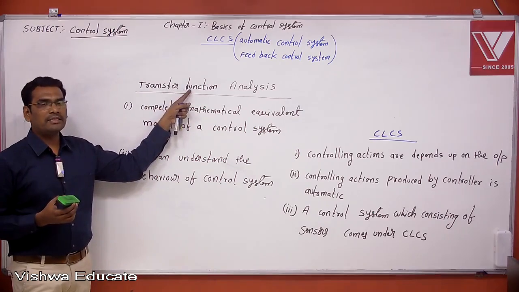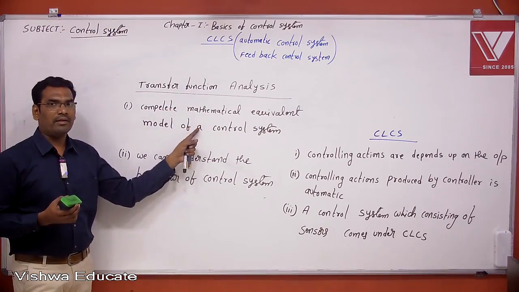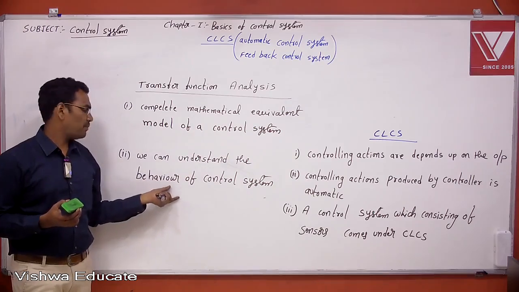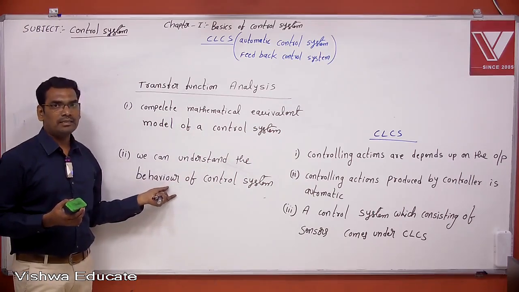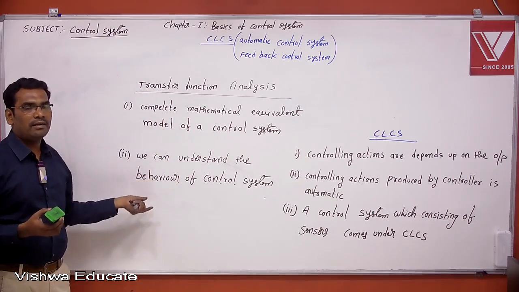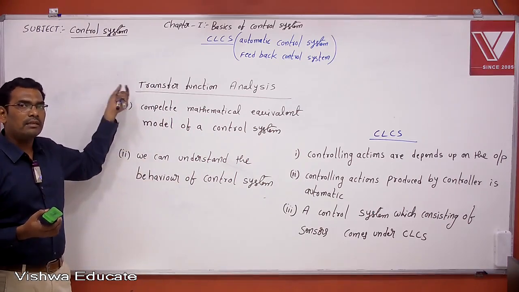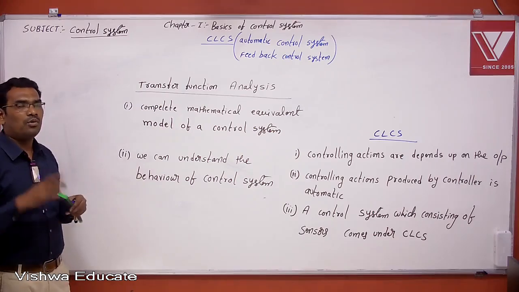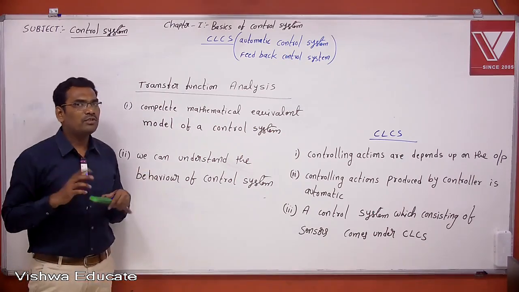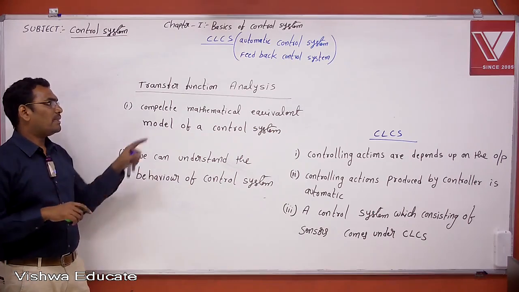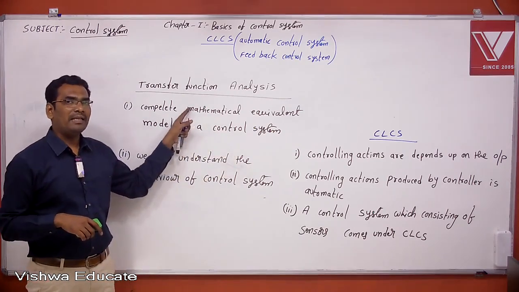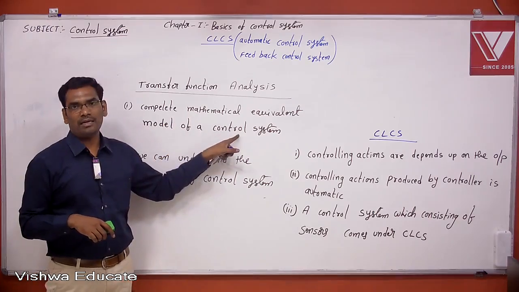Once you have a transfer function, then you have a mathematical equivalent model. Once you have mathematical relations, then definitely we can understand the complete behavior of this particular subject. This is the advantage of the transfer function. That is the reason why we use transfer function analysis here. How is it useful? I want to see the mathematical equivalent model of an open loop control system or of a closed loop control system.